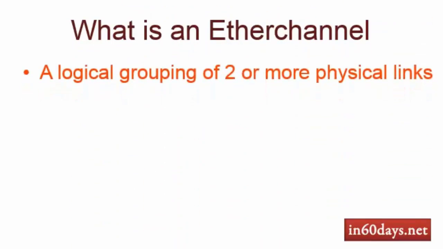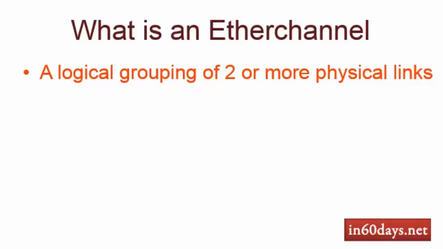Ether channel basically is a way to group two or more physical links on your devices. So say for example you've got two switches, and what you can do is aggregate. Obviously you're connecting the interfaces together with, for example, Ethernet cables, and what you're doing is aggregating these interfaces together, so two or more interfaces physically act like one logical interface, so you can pass more traffic over the interfaces.